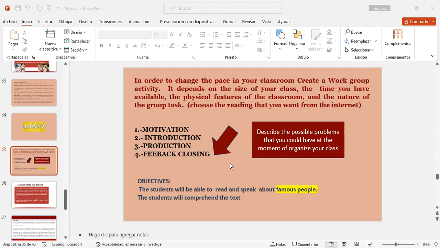Production is when the students do the activity. What activity are they going to do for feedback closing? The feedback closing, from what I understood, is a worksheet or something that can tell you that the students learned or understood the lesson.